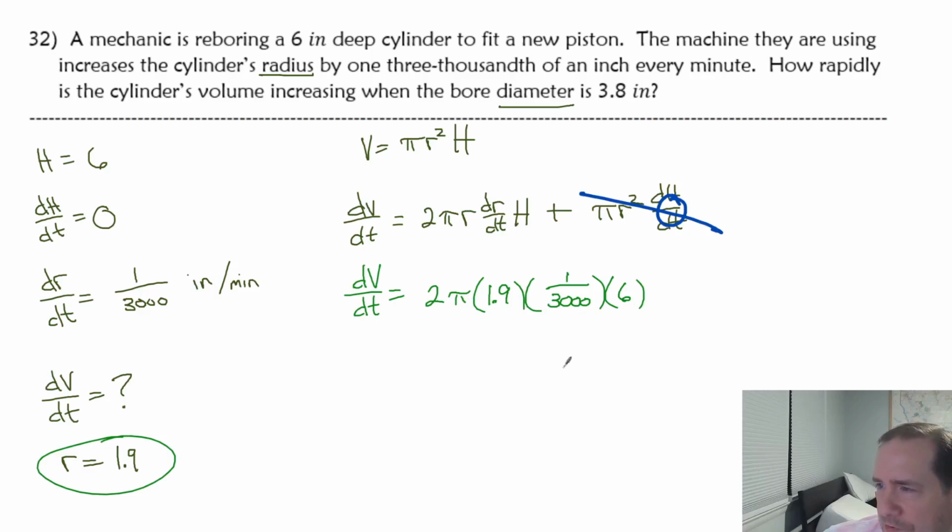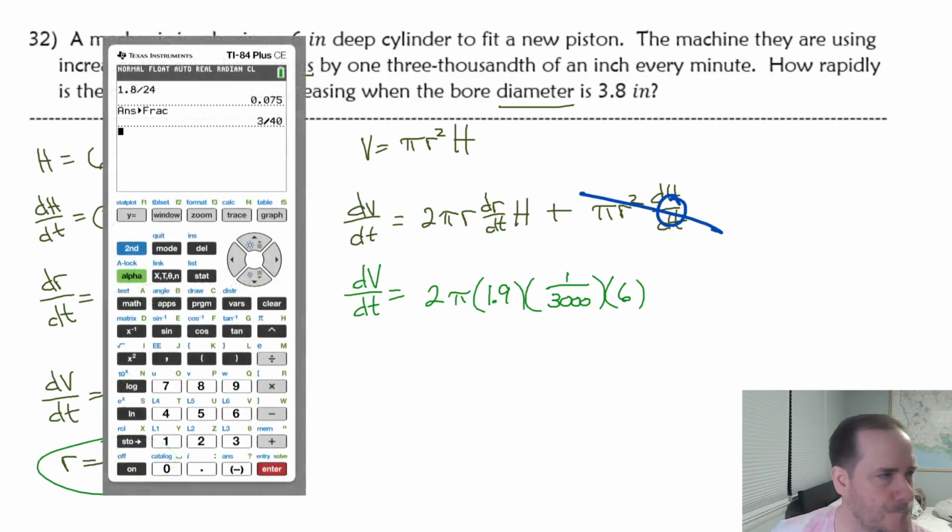So from here we just do this math. And I don't know what this is, so I'll use my calculator. Again, if I were you, I would just do all the stuff that's in the numerator. So that's all numerator, that's numerator, that's numerator.